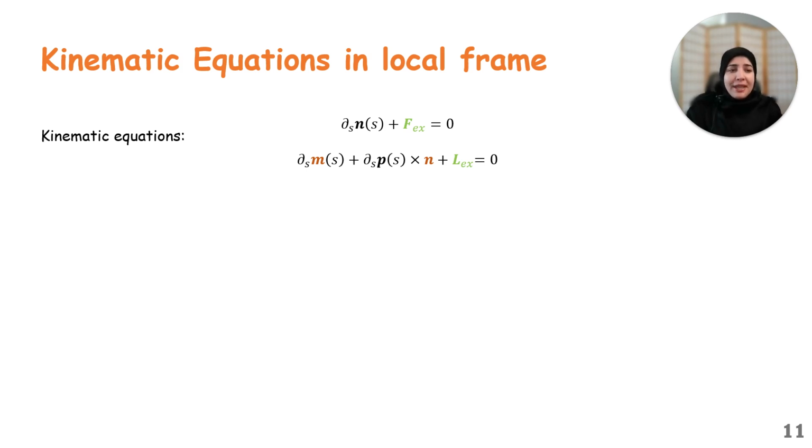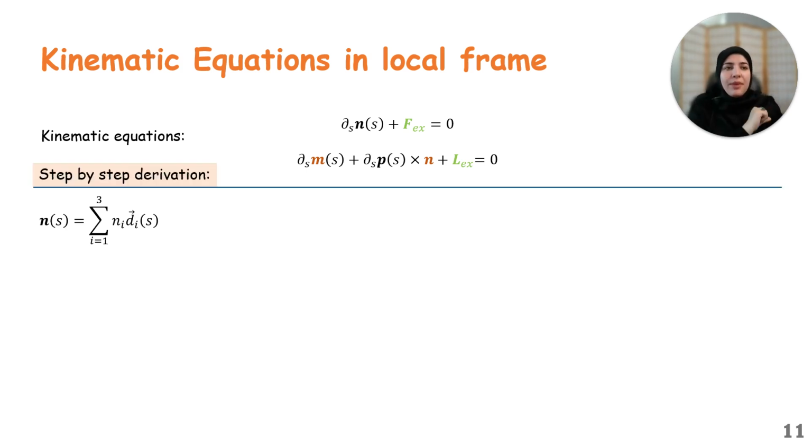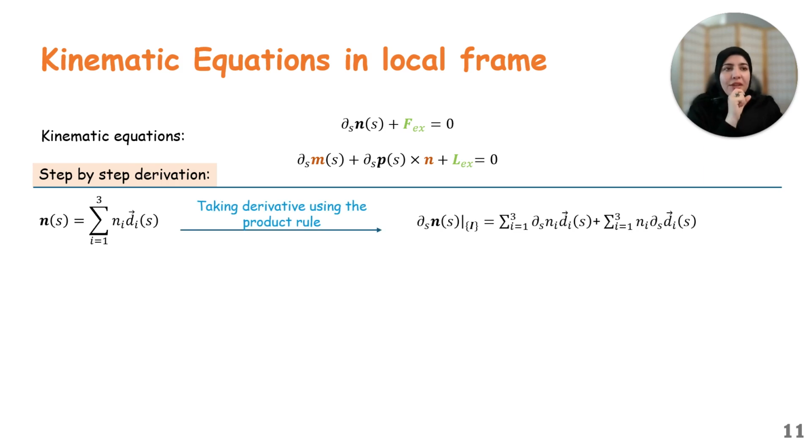Now let's obtain the equivalent equation in the local frame. When taking the derivative, the product rule is applied. So the derivative of the force vector in the global frame with respect to s equals the derivative of n_i's components multiplied by d_i, plus n_i's multiplied by the derivative of d_i.